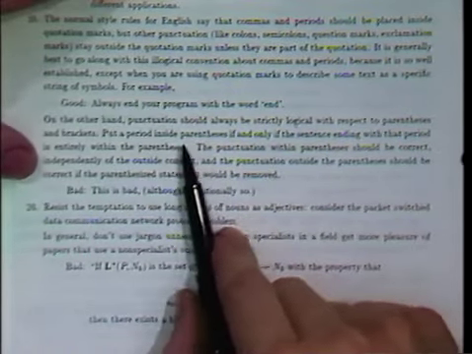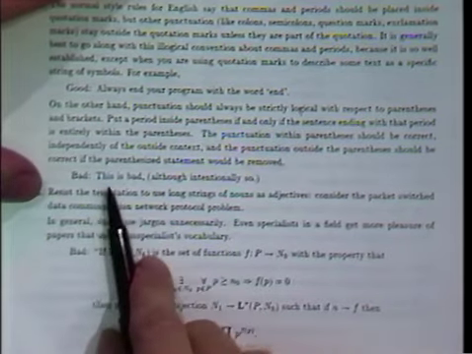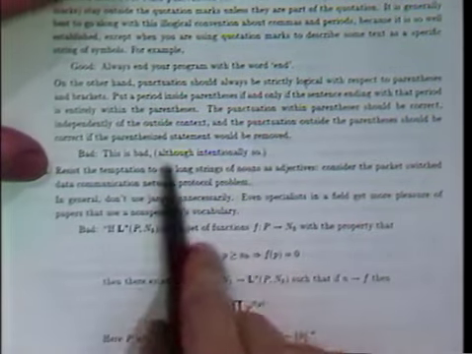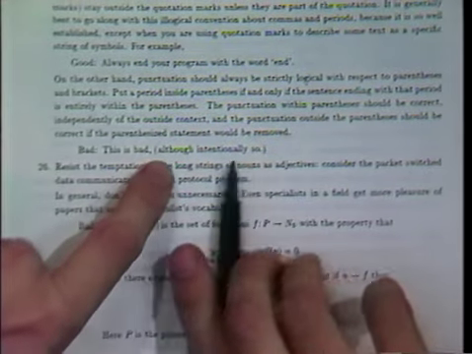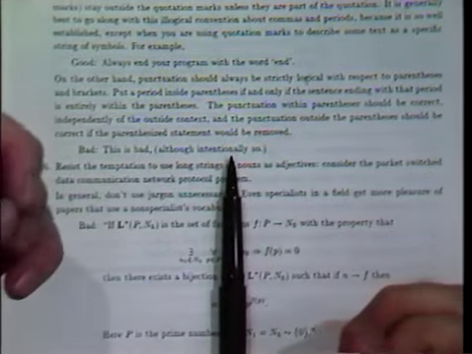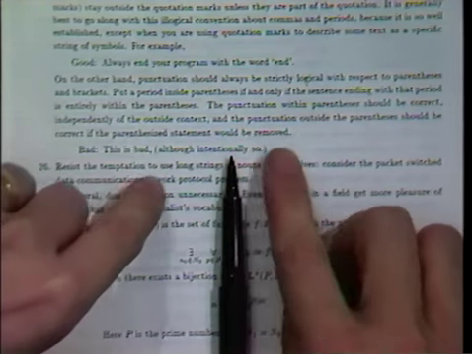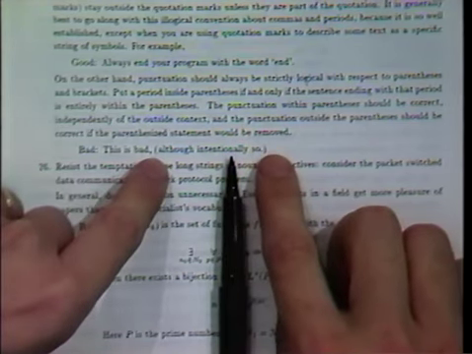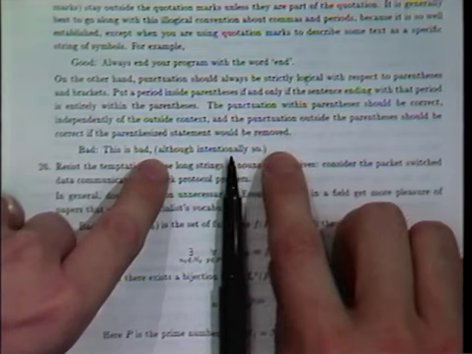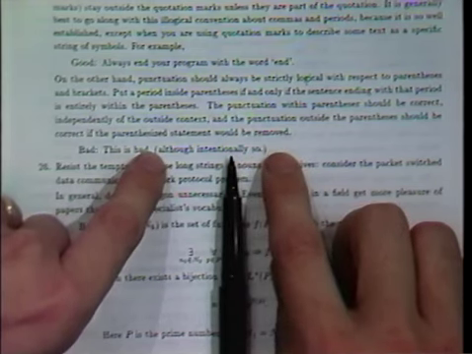I see this a lot. Here's a bad example that gets both things wrong. The punctuation should make sense without the parenthetical remark. So to fix this up, you move the period outside the paren, and you take out this comma.